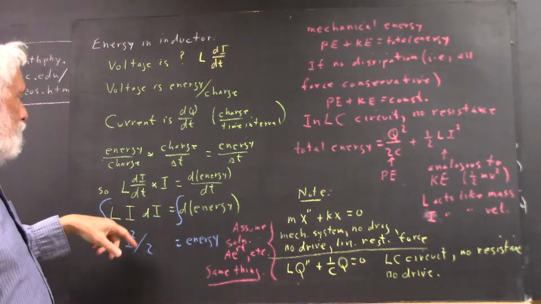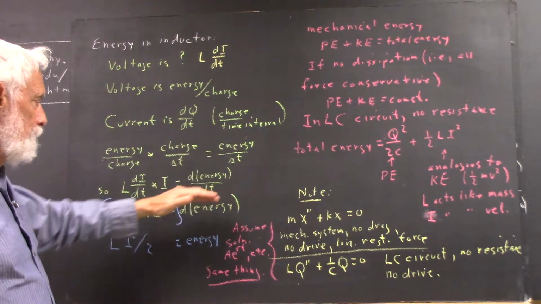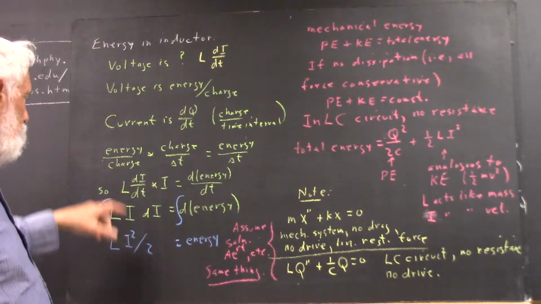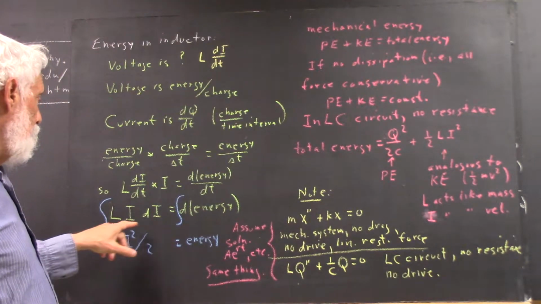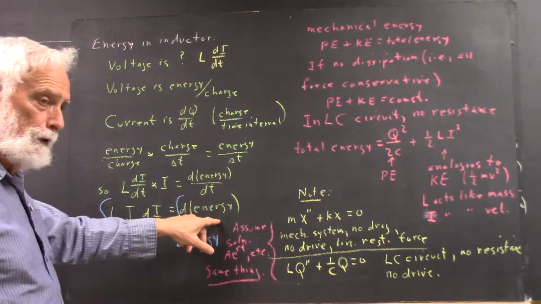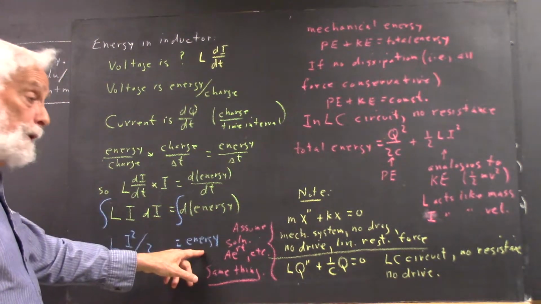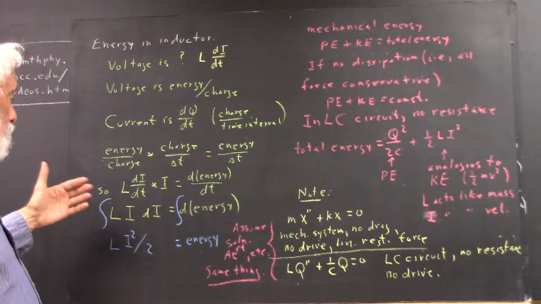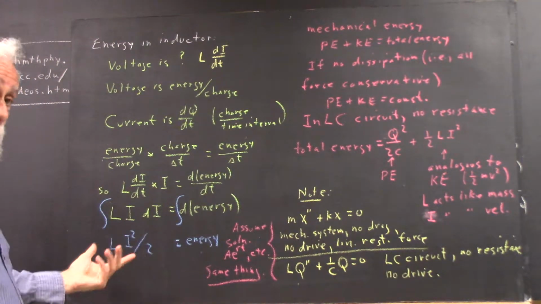But if we have this with respect to t and the change in energy with respect to t, we can say, well, just the differential here is equal to the differential here. So Li di equals the differential of your energy. When we integrate the differential of energy, we get energy, and we integrate the differential of Li di, we get Li squared over 2.